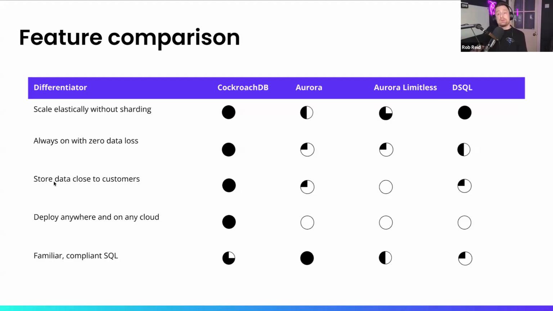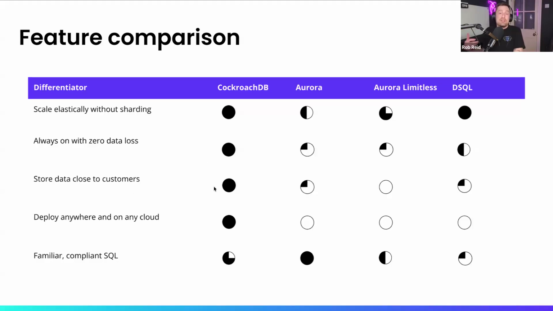Next is all about storing data close to customers. This speaks to what David just mentioned. If you have users who are dispersed around a country or a continent or the world, and you want to keep data close to them for low latency reads and writes, or maybe for the purposes of satisfying regulatory compliance, which can be a maze of very complicated regulations, that's this point.